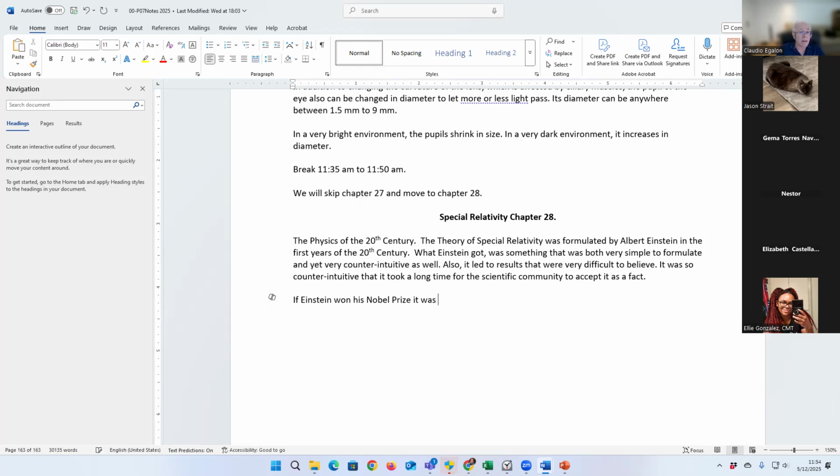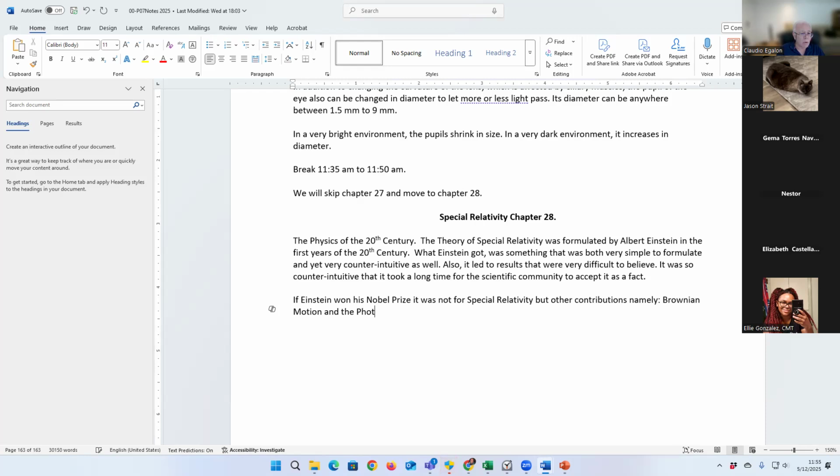It was not for special relativity, but for other contributions. And if you go to the Nobel Prize website, other contributions, namely the Brownian motion and the photoelectric effect.